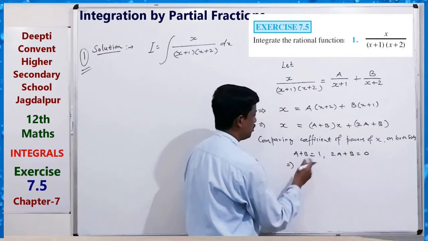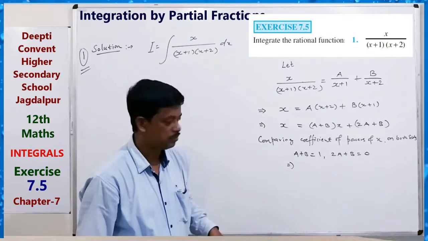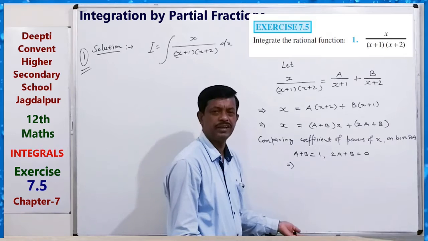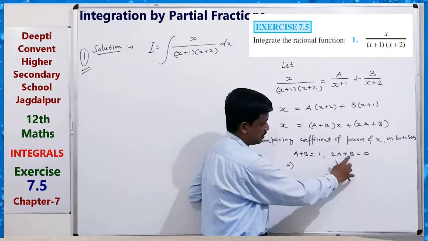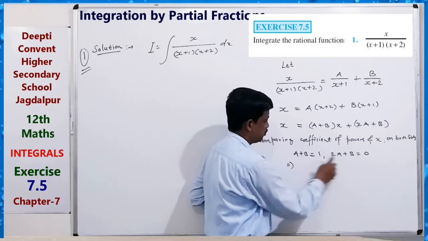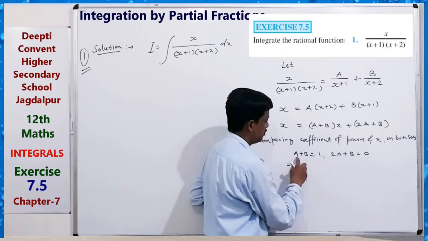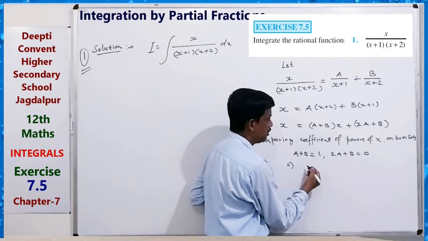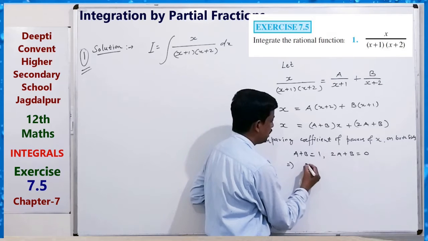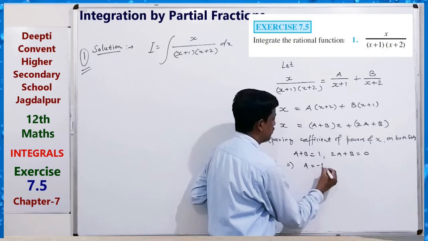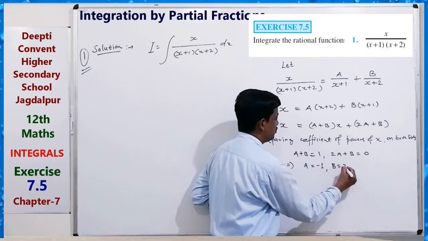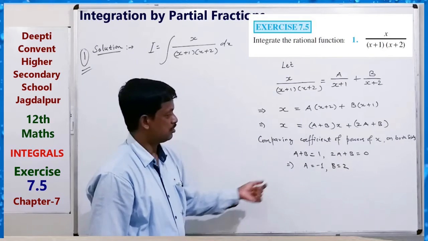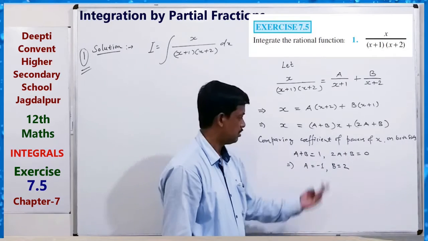So now we can solve these two and get the values of A and B. Subtract this minus this, so B cancels, and A minus 2A means A equals what? Minus 1. And if A equals minus 1, then B equals 2. Solving these two, we get the result.